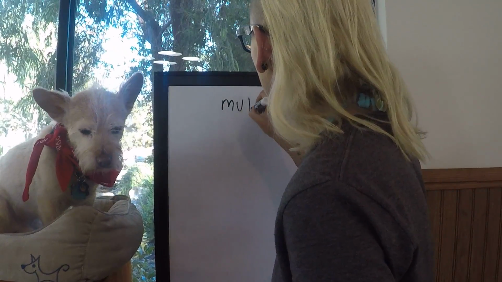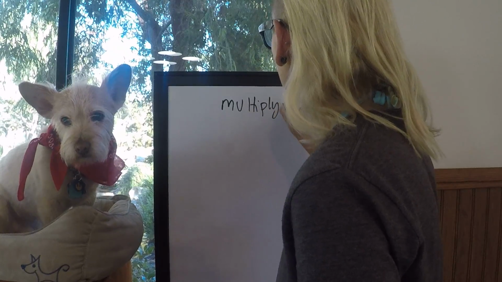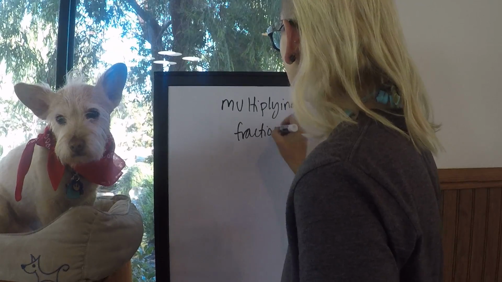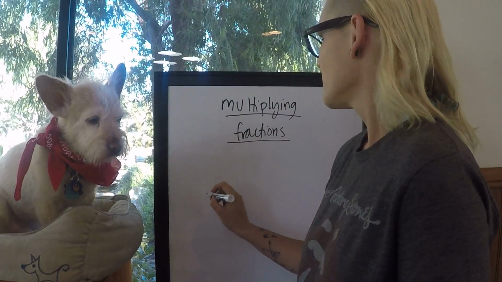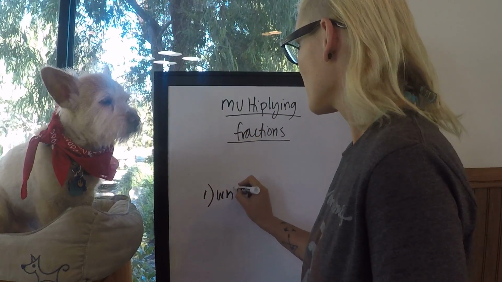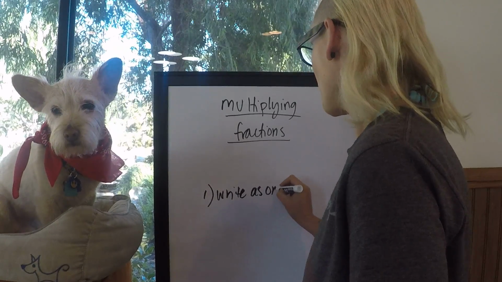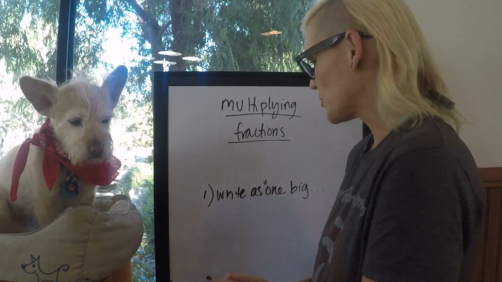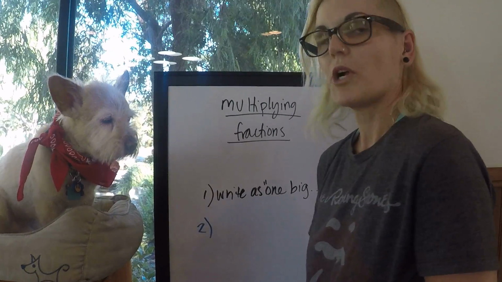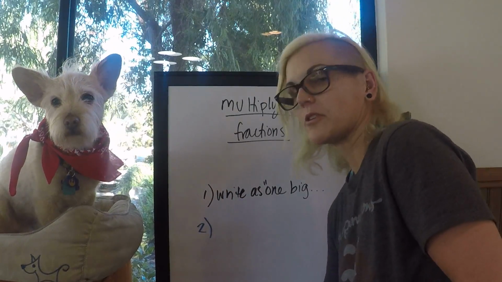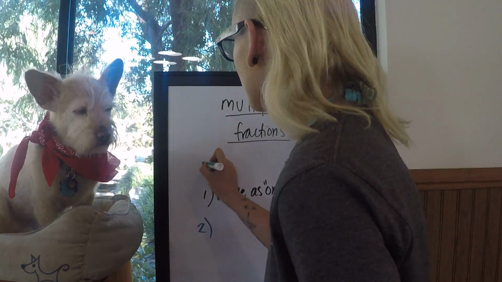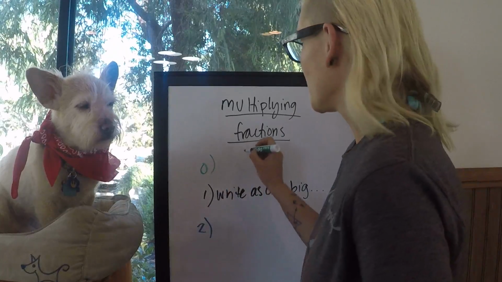So when we were writing our notes, when it said multiplying fractions, and we had step 1, write as one big happy family, and then we had a step 2. So now we're going to go back, and we're going to write a step 0. And the step 0 is now going to apply when you have negatives. So step 0, figure out the sign.